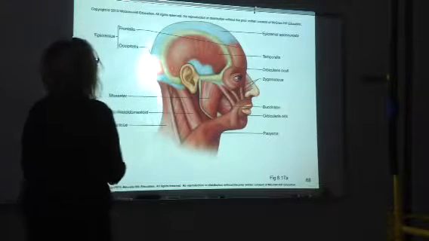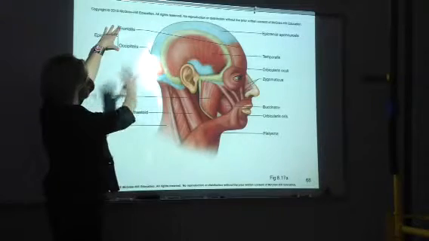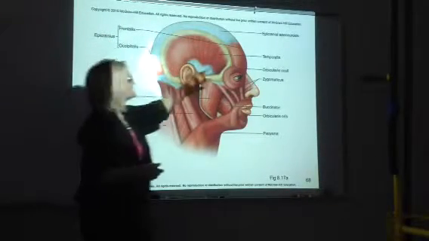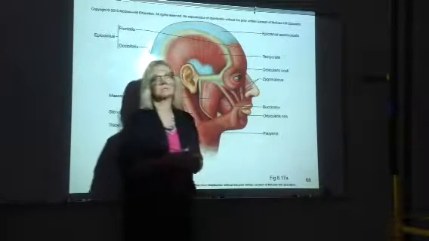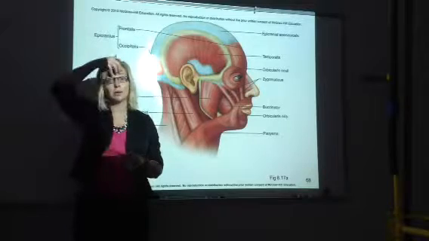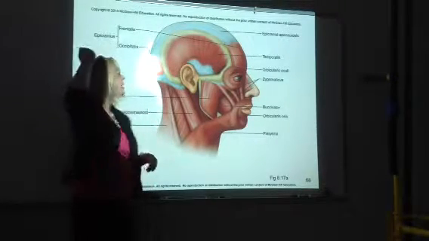So if we look at those, the epicranius is one large muscle that we actually break into two parts. So I might ask, frontalis is the muscle that I probably talk about the most, and that's what you use to raise your eyebrows. So when your frontalis contracts, it pulls your eyebrows forward.